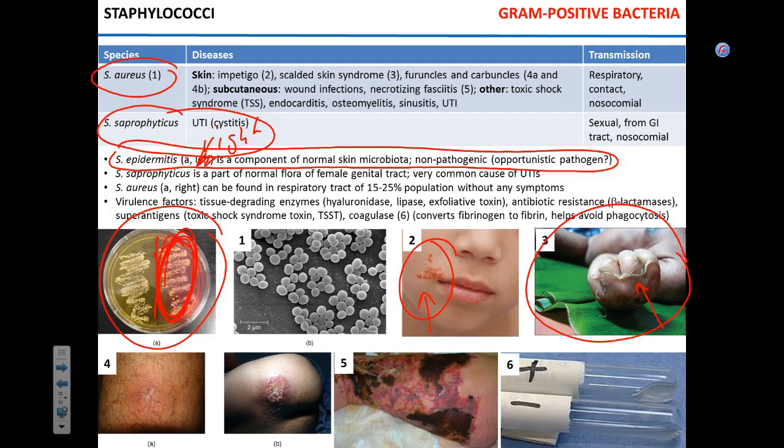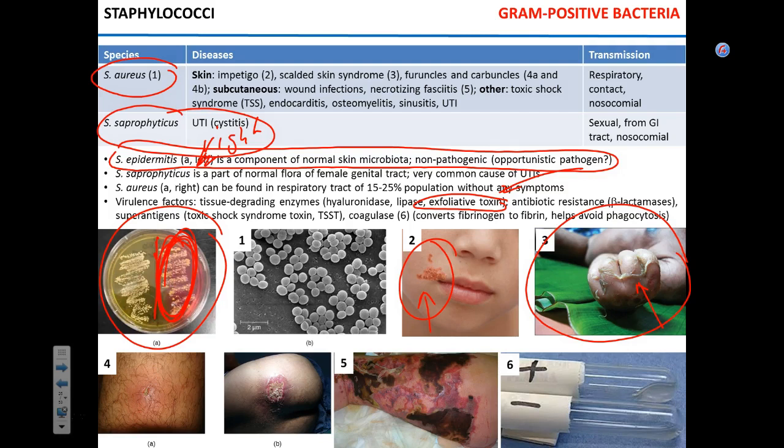Now, what's interesting, what contributes to the skin infections? I want to specifically make a point for exfoliative toxin. Basically, know it. Exfoliative toxin. You know, like exfoliative scrubs that remove old skin. Exfoliative toxin has a fascinating mechanism. It breaks down proteins that connect epidermis and dermis. Does that make sense?